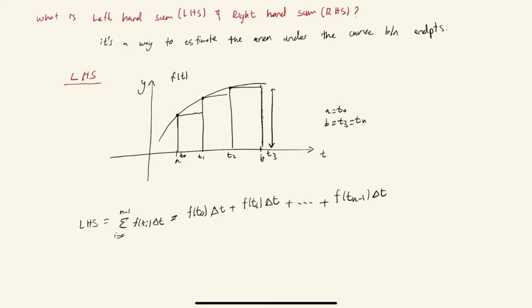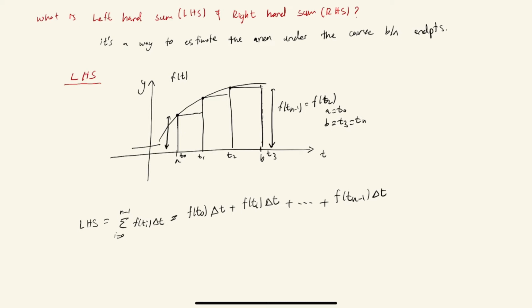For the height of the last rectangle, it's f of t n minus 1 according to the left-hand sum. This is the last term. Here in this case, it's f of t2, not f of t3.